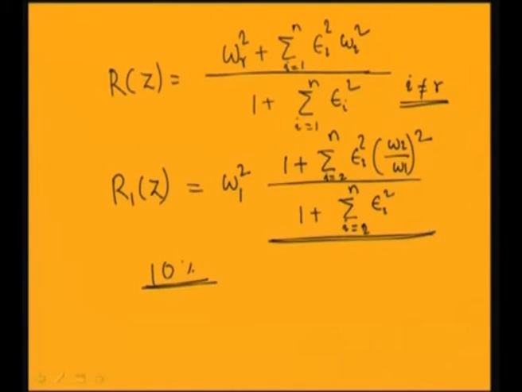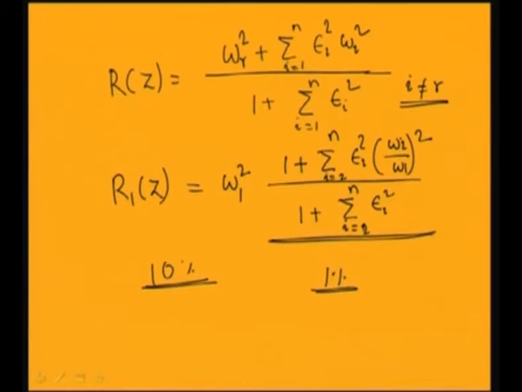For the actual eigenvalue, this R1 z should be equal to omega 1 square, but if you are taking a 10% error in this value, then you can see that the error will be of the order of epsilon square. So, the error will be only 1% in this case. A 10% error in the form of eigenvector or natural mode will result in only 1% error in the eigenvalue or the natural frequency.